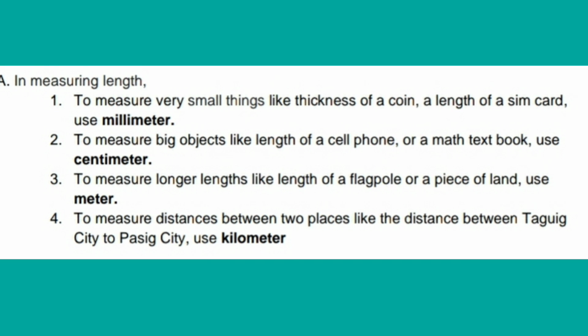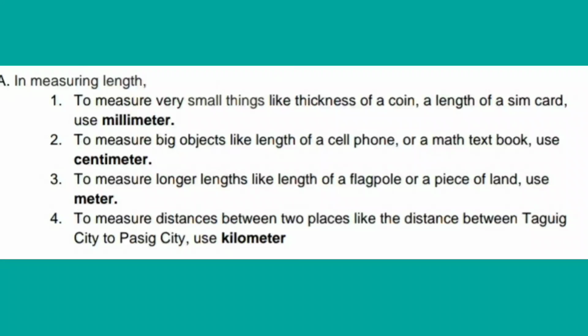First, to measure very small things like the thickness of a coin or the length of a SIM card, you are going to use millimeter. Number 2, to measure big objects like a cell phone or a math textbook, you are going to use centimeter.